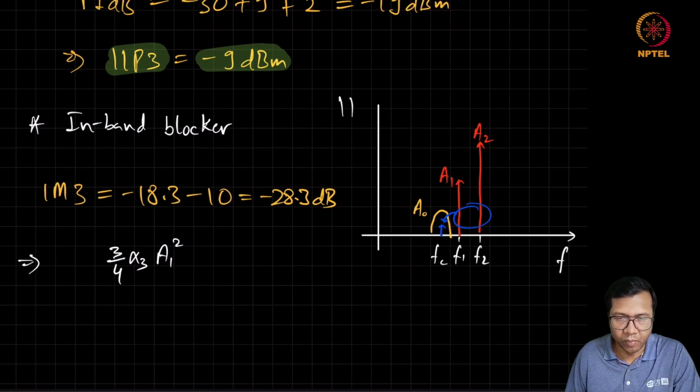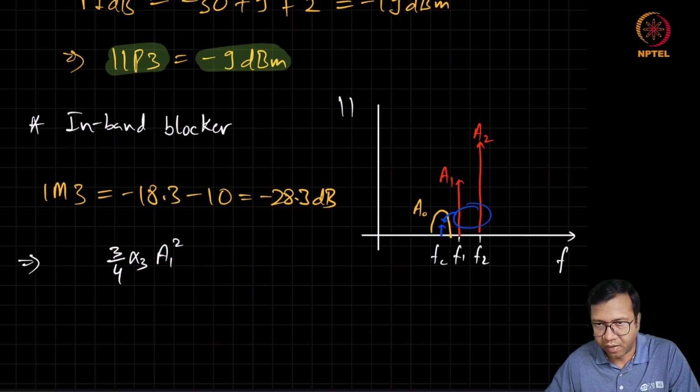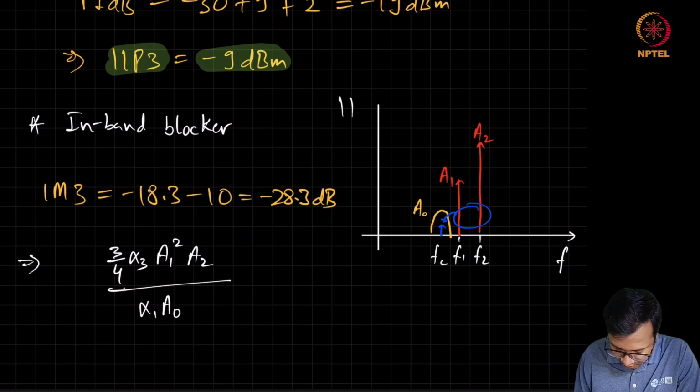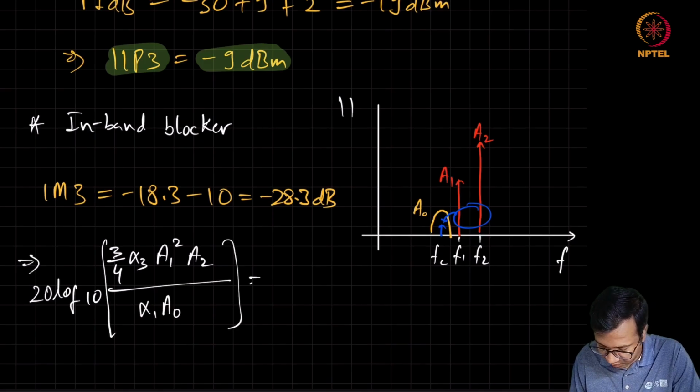So the intermod is going to appear at 2F1 minus F2, which will be equal to FC in our case, into A2 divided by the fundamental strength, which is alpha 1 A0. The 20 log of this entire ratio is your IM3 ratio, should be equal to minus 28.3 dB.